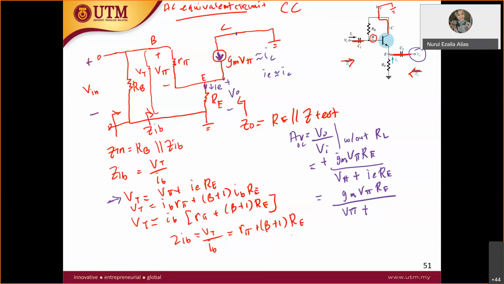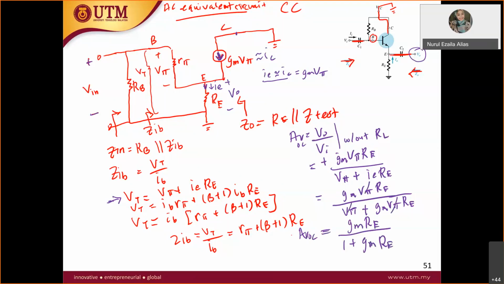IE here is approximately equal to the IC, and IC is equal to the GMV pi, therefore I replace IE with GMV pi RE. So finally, if you cancel out all the V pi, AVOC is equal to GM RE over 1 plus GM RE.